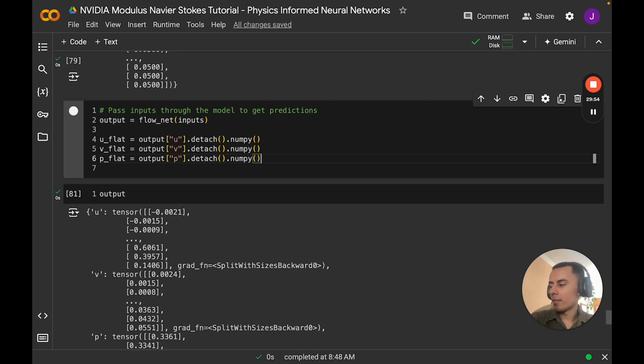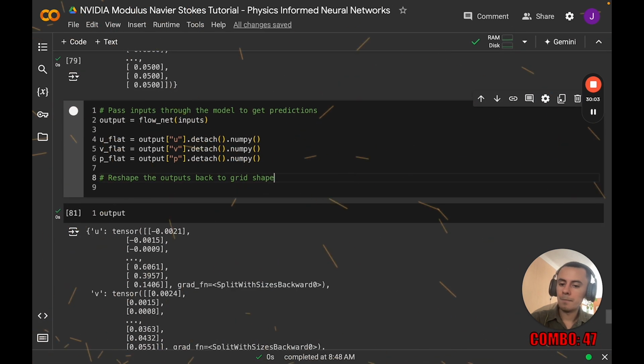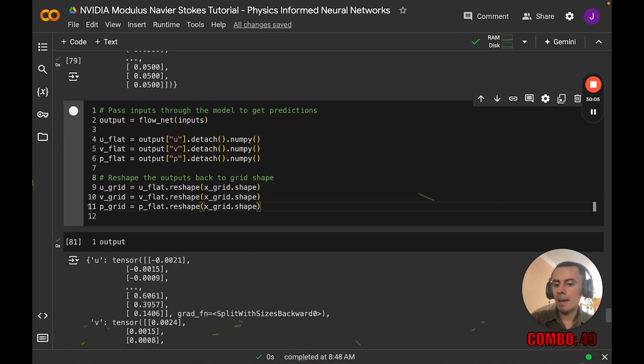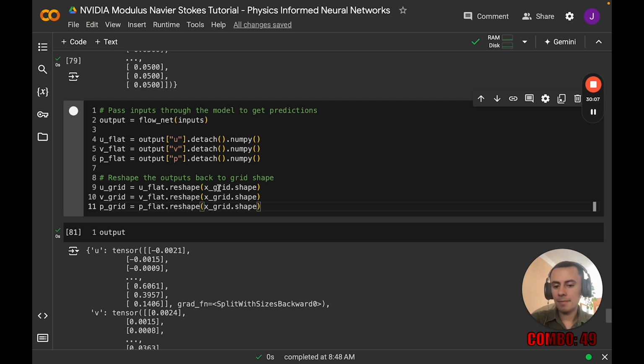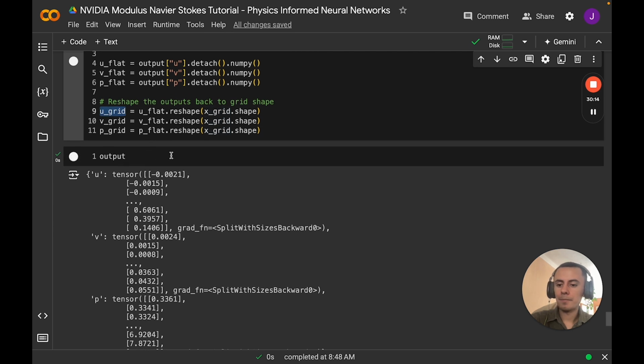And the same for the other two, and then we reshape the outputs back to the grid shape. Yeah, and we get that from the X grid shape. We already have those shapes. We have these grids, right?